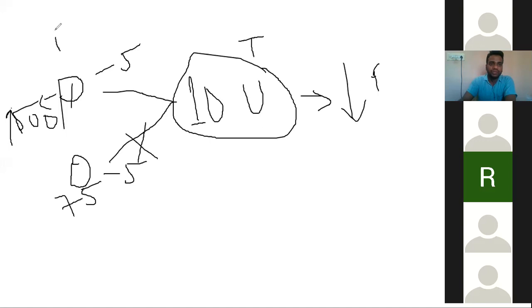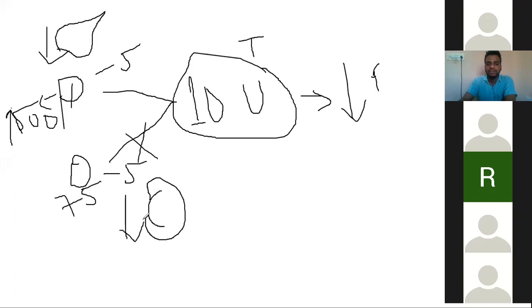But you know that paracetamol is hepatotoxic and diclofenac is nephrotoxic. So when you are giving both drugs, you are giving a lower dose of both. So there was less side effect to the liver and less side effect to the kidney, right?